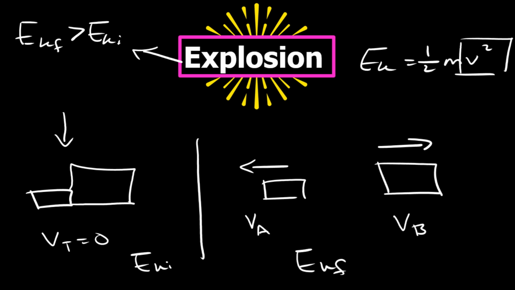It makes sense because the final kinetic energy is provided by us hitting it or by the explosion that happens. For example, if you use a bomb, the chemical change in that bomb provides the moving bodies with kinetic energy. You convert the chemical energy to kinetic energy.